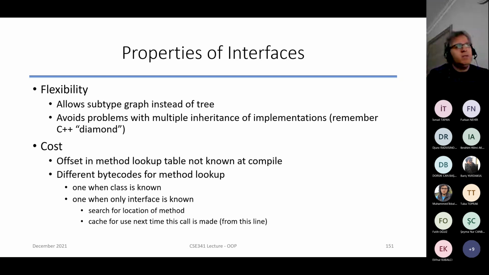So with interfaces, it's clear that you can now have, let's say, graphs instead of trees as far as the subtyping relationship is concerned. So when you have an object, a shape and a drawable, and when you have this type of thing, now you are adding graphs instead of trees.